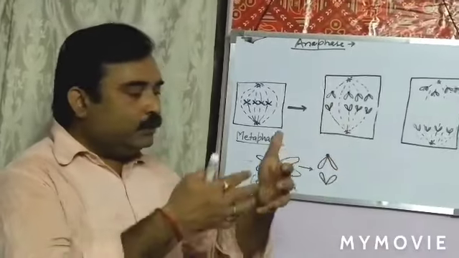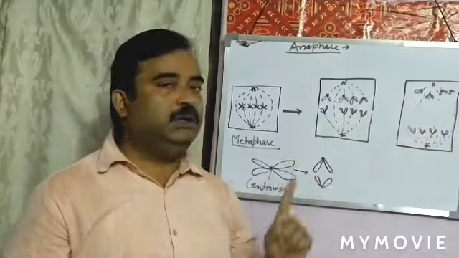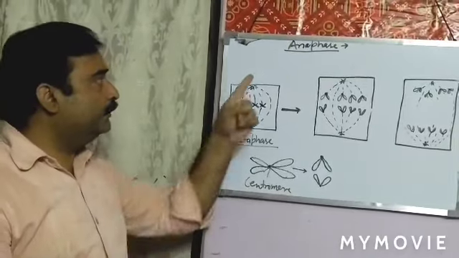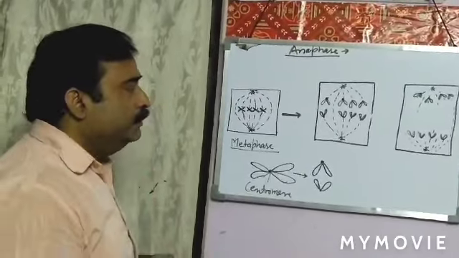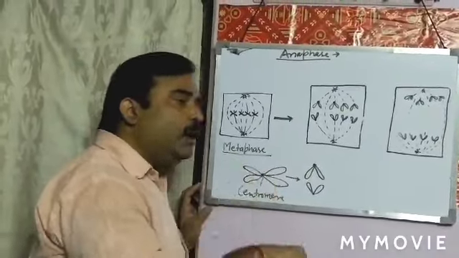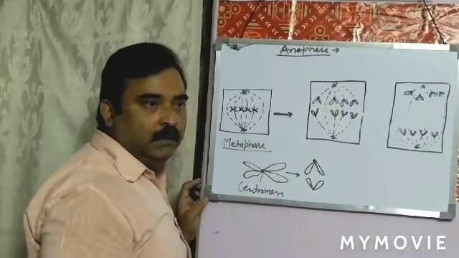And slowly these chromosomes reach the opposite poles. So this is a very important stage of the mitotic phase or karyokinesis, because here the chromosomes split and an equal number of chromosomes reach the opposite poles. Clear?